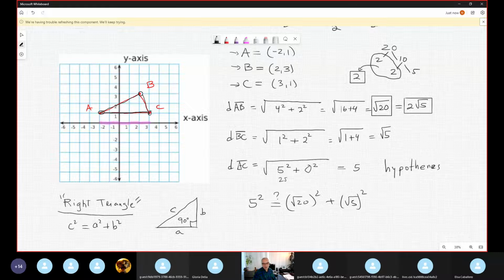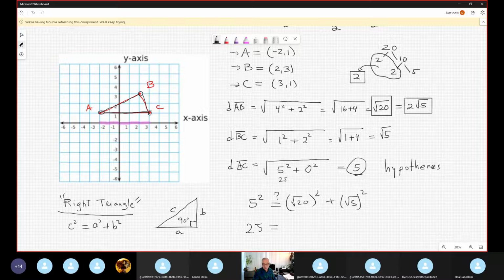Do you understand the thing I am doing? So you take the bigger one, the hypotenuse, and I square it, it's 25. And I take both extra segments, the legs, and square each.